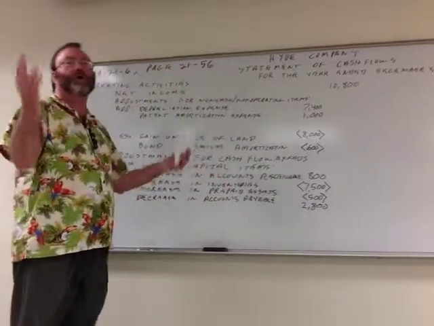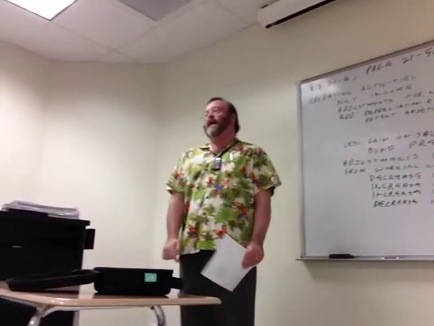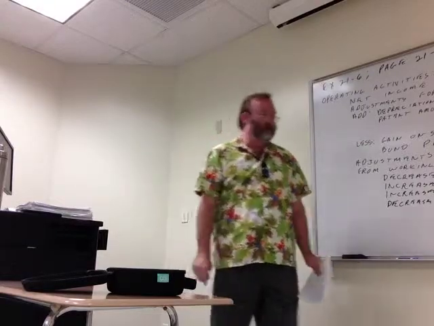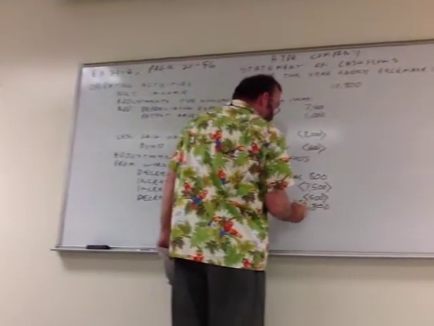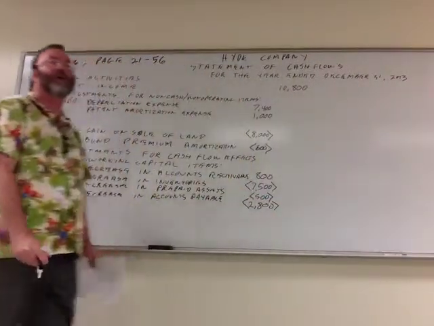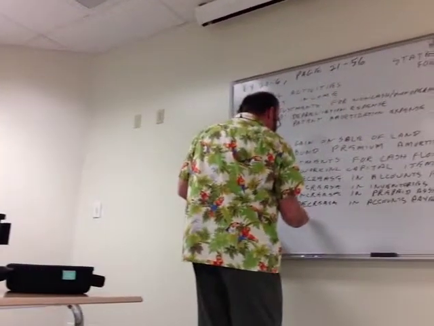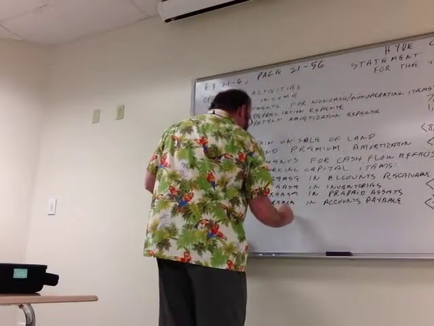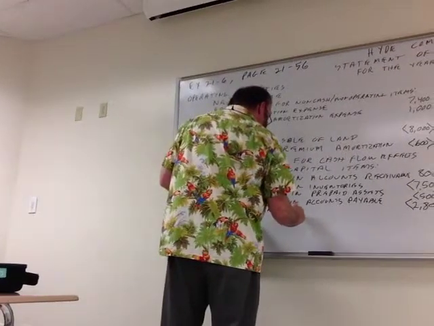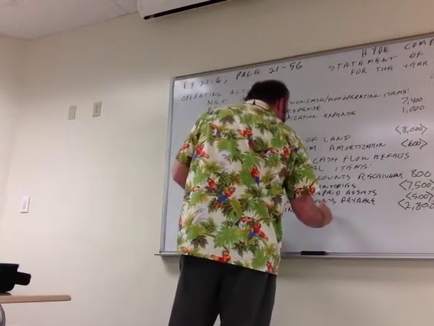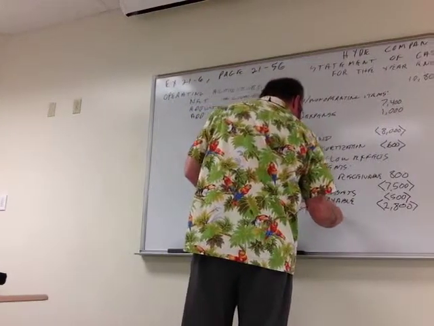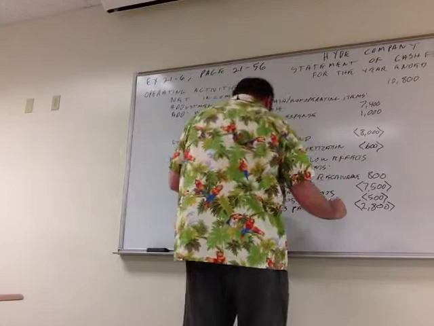So if your accounts payable goes down, what does that do to cash? It decreases it. There is a direct relationship between current liabilities and cash. If your accounts payable went down, you sent money to your vendors, everyone that sends you invoices. And then lastly, we had an increase in wages payable, $300.